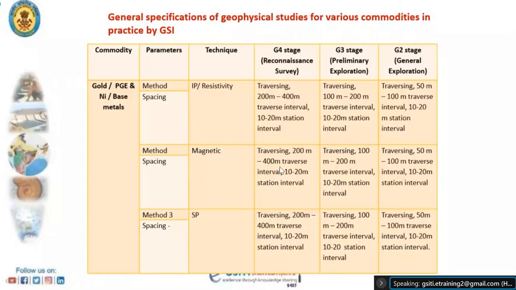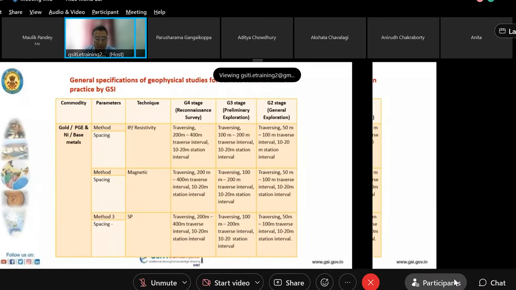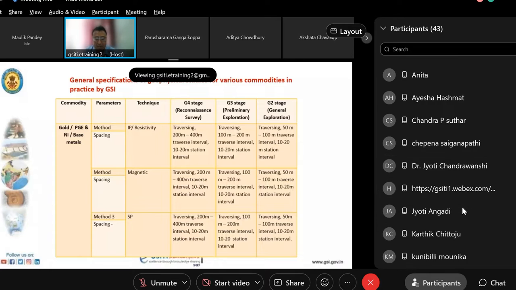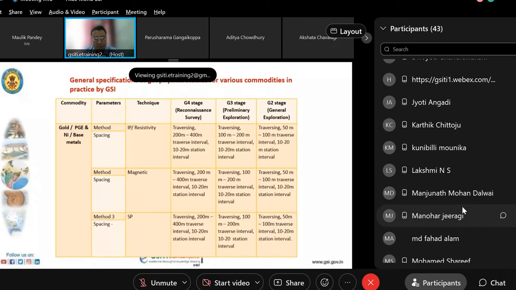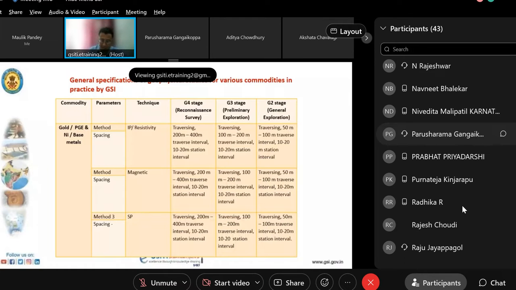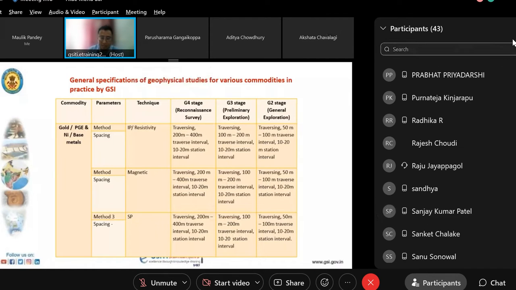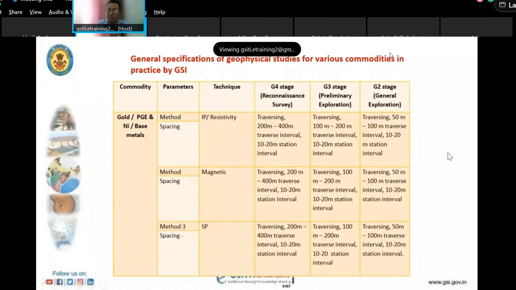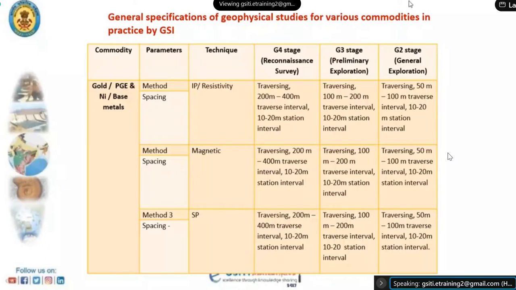And so here is a little bit detailed look at what happens in different stages of exploration, and how we try to use them, and how the steps change to make a resource into a reserve deposit, because it should be economically viable, and also it should in turn be mineable, so that the exploration becomes fruitful.